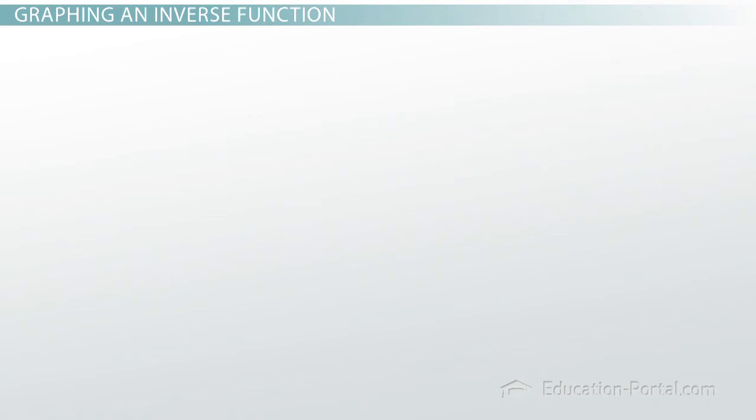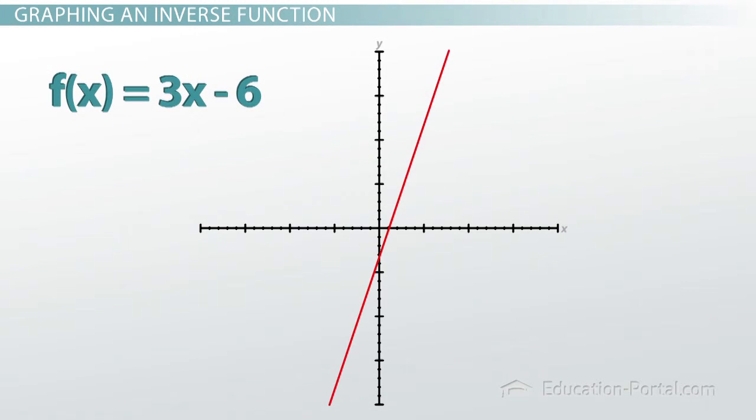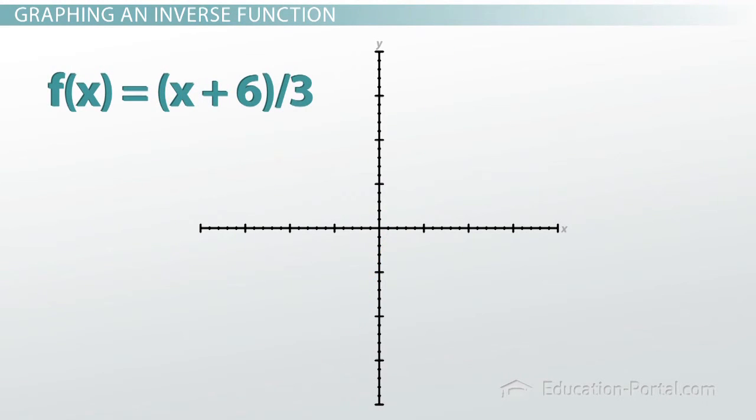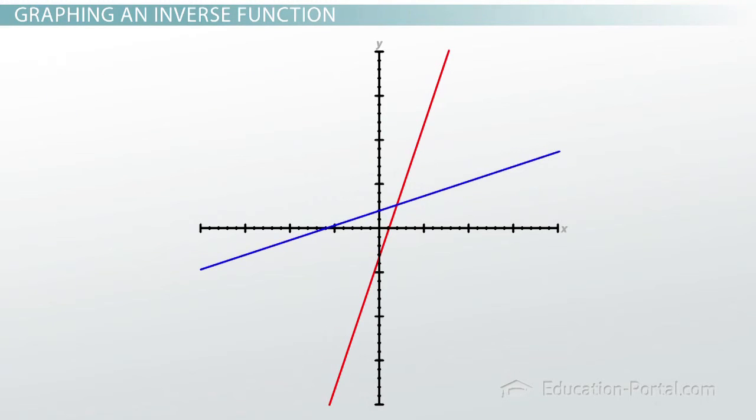Let's go back and look at something like 3x minus 6. So an easier function. I end up with a graph that looks like this. It's a simple line. And now I'm going to graph the inverse, which is (x plus 6) over 3. The inverse is this blue line. So the inverse looks a lot like the original function, except it's mirrored.